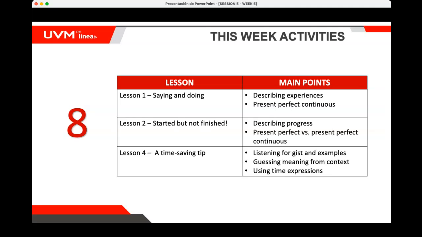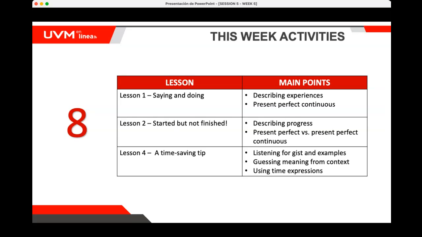But at this point, you must know how to conjugate any kind of verb in the simple forms and in the continuous forms. Simple forms: simple past, simple present, simple future, past perfect, present perfect, and future perfect. And in its continuous forms: past continuous, present continuous, future continuous, past perfect continuous, present perfect continuous, and future perfect continuous.